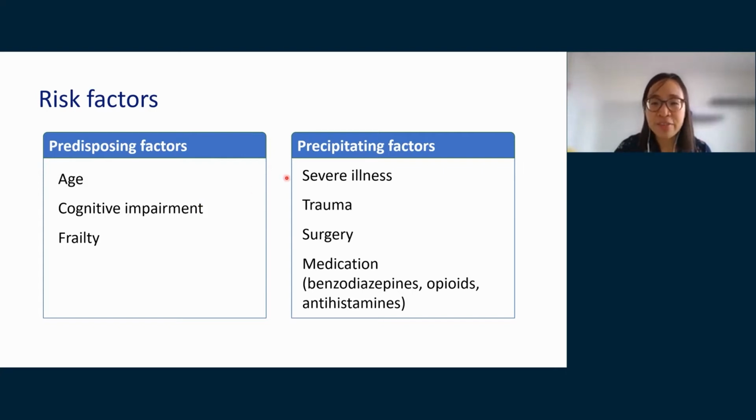Similarly, with precipitating factors such as severe illness, the question remains as to what's the best method to quantify severe illness that will enable us to predict a person's risk of delirium. Developing a robust risk prediction model may help us to identify high-risk individuals and tailor our intervention based on risk assessment. However, this remains a huge research gap.